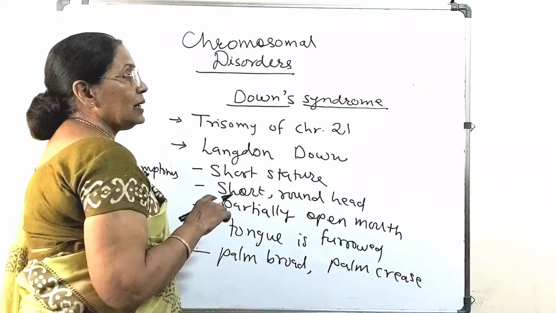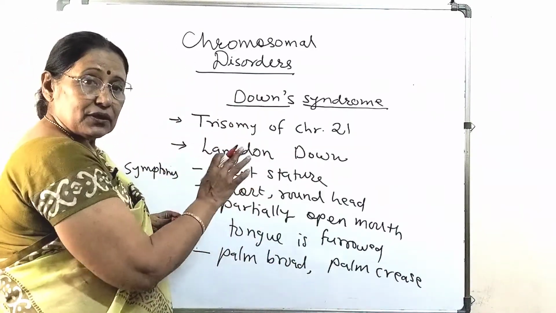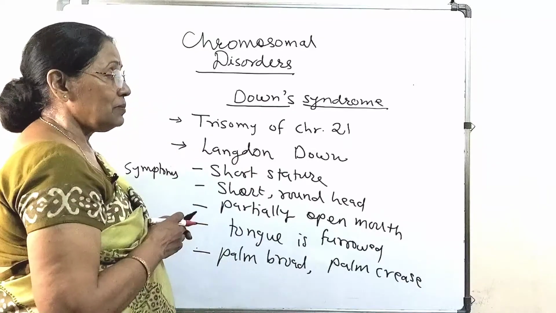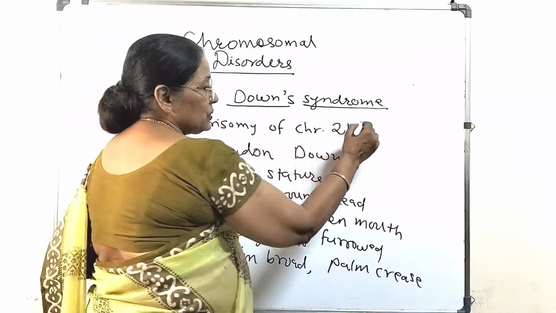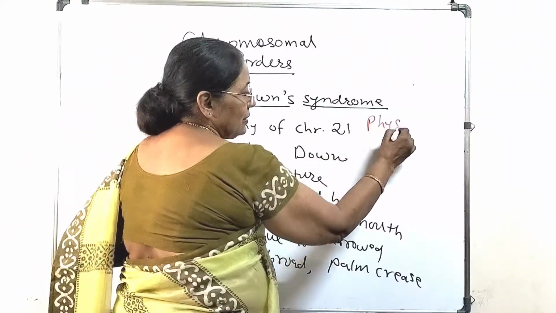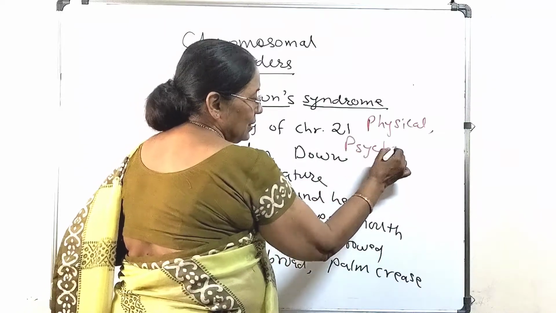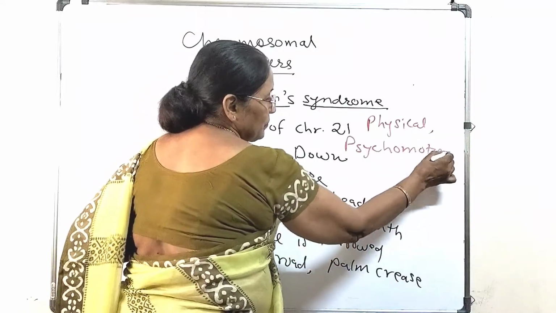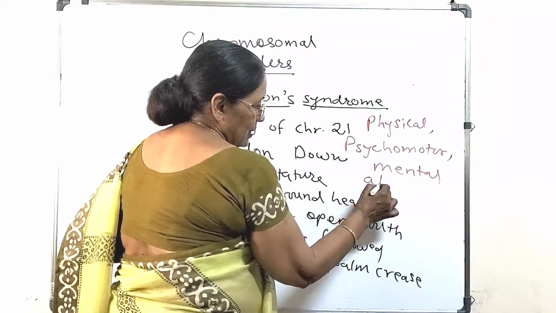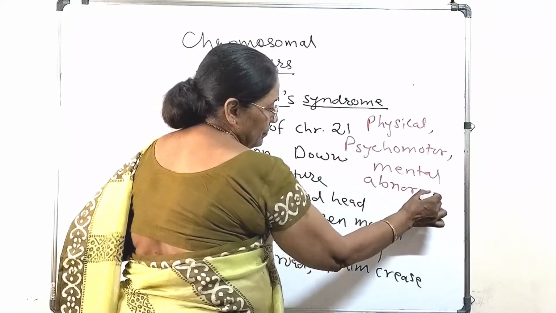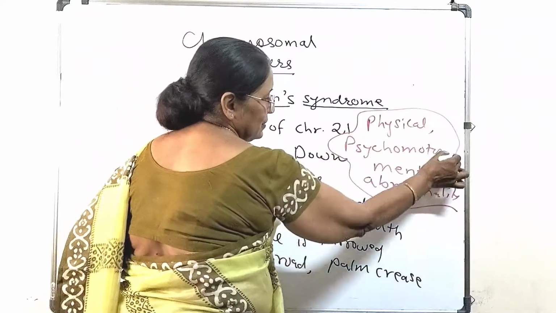और सबसे दुख की बात जो है बच्चों वो ये है, just because of one extra chromosome, number 21, this child is physically, mentally retarded. So physical, psychomotor and mental abnormality is found in this.